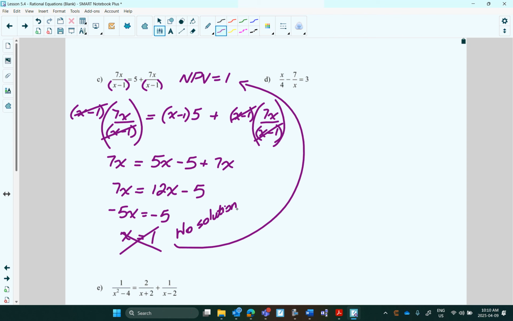Okay. Any factoring to do? Nope. NPV? 0. This one, I'm going to multiply everything by 4x.